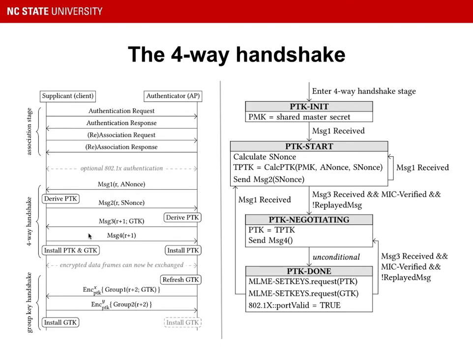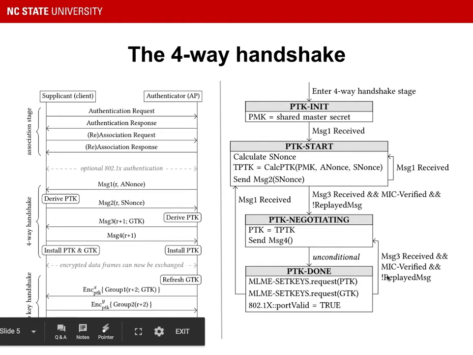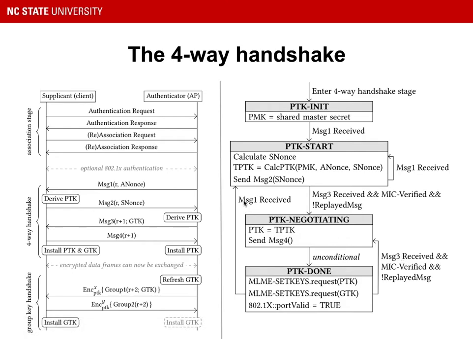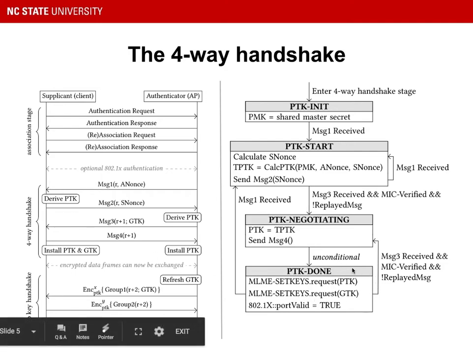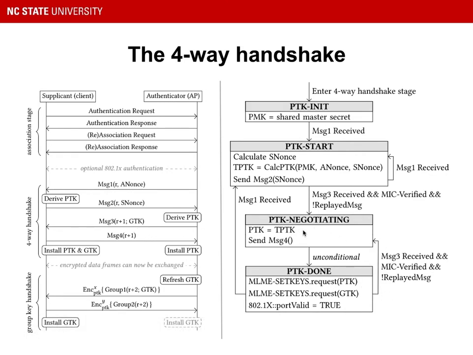Now note that on the last step, when the PTK and the GTK got installed, by the formal state machine, the client still continuously listens for the receipt of message 3 and even message 1. For example, sometimes the AP is not able to receive message 4, and it keeps sending message 3 to the client.